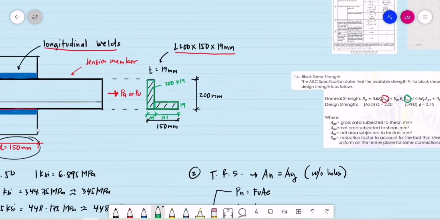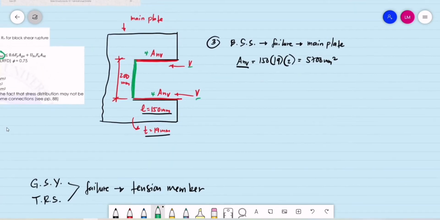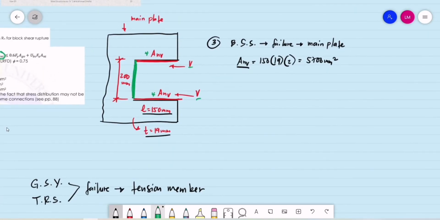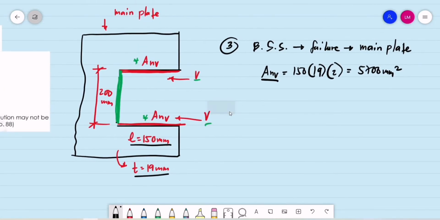So let us compute the net area of that section. A sub NT is now equal to 200 millimeters, that is the longer leg of the angle bar welded to this main plate, multiplied by the thickness of the main plate, which is also 19 millimeters.